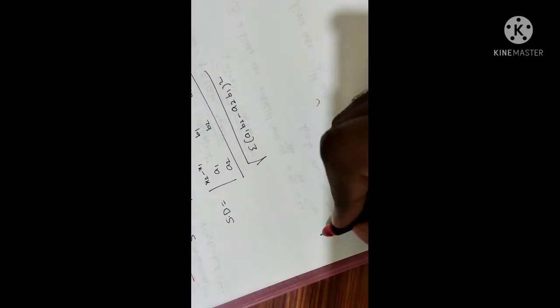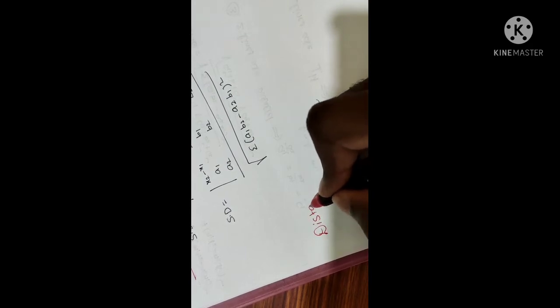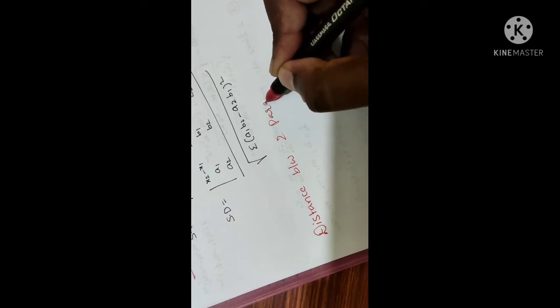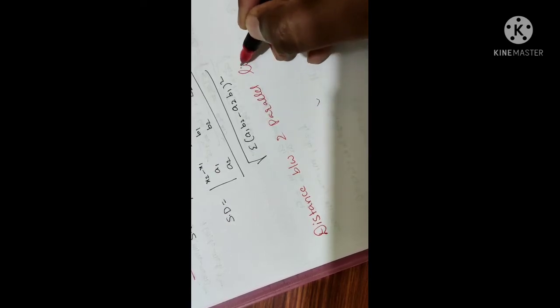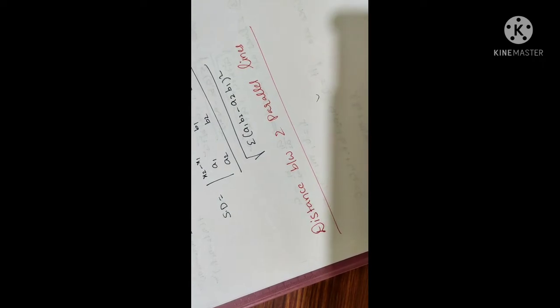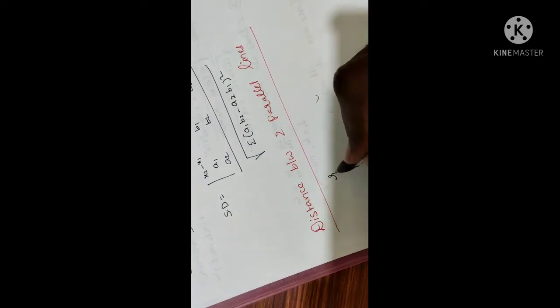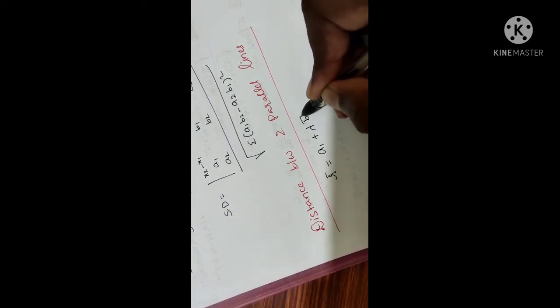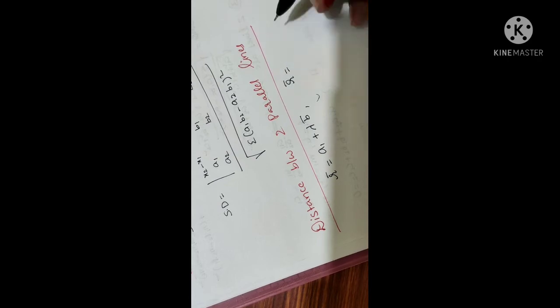Next definition is distance between two parallel lines. See, the parallel lines are r bar equals a1 plus lambda into b bar, and r bar equals a2 plus mu into b bar.